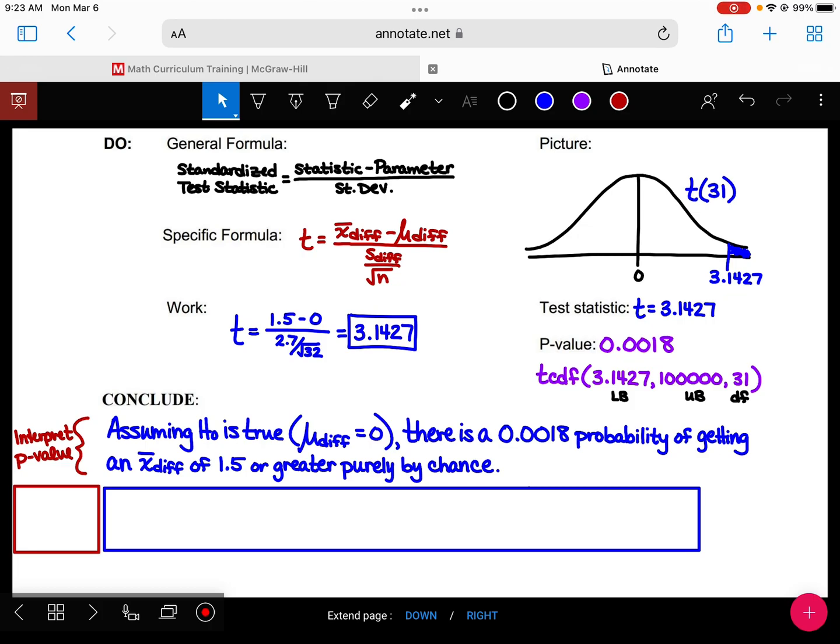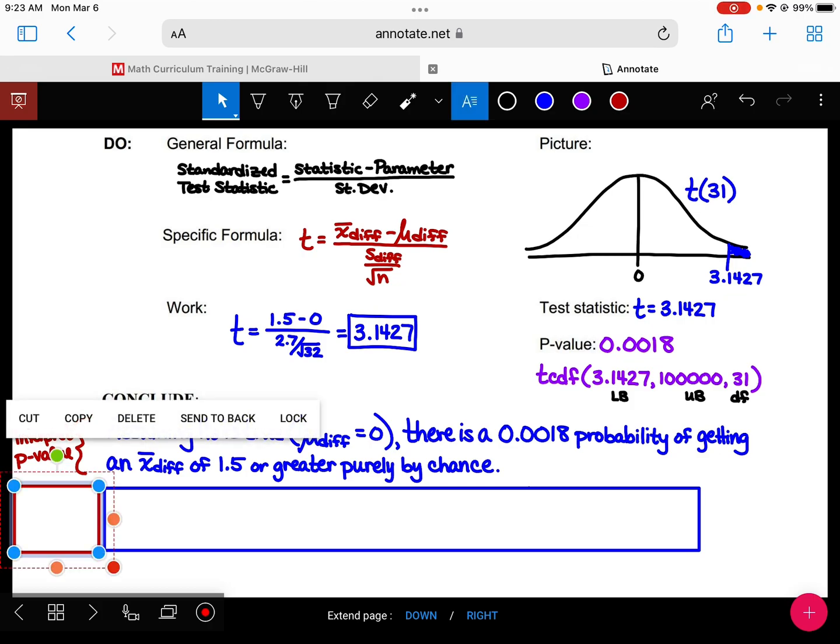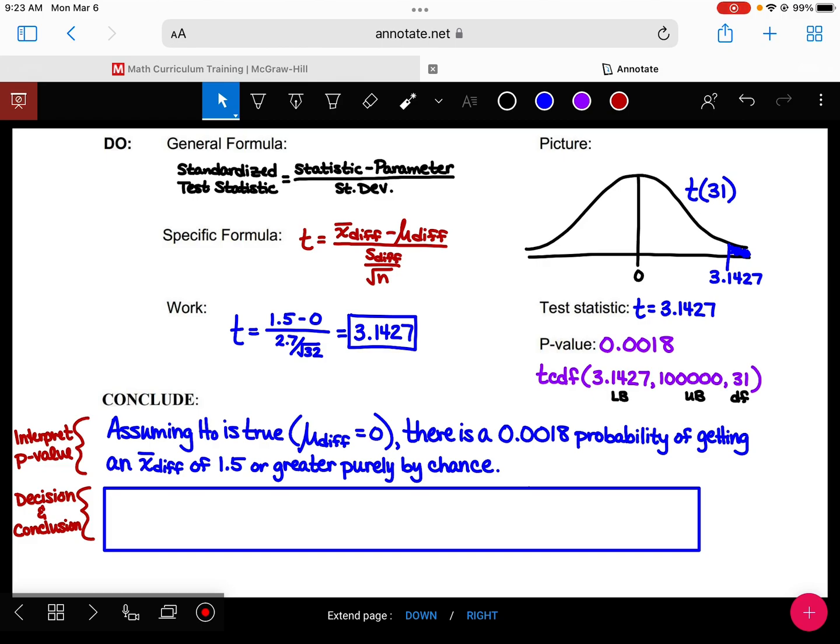We still need to make a decision and reach a conclusion. What is our decision? We reject the null because it's less than 0.05. So what is our conclusion then? We have convincing evidence that the alternative is true, and then you've got to stick some context in there.